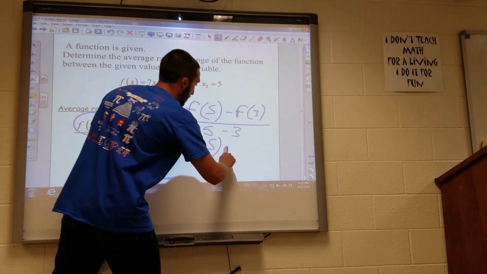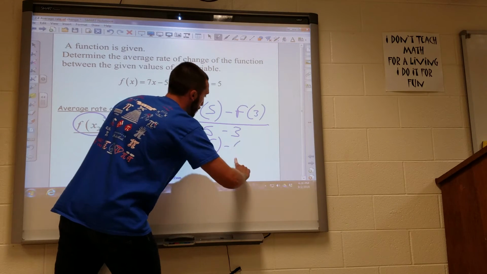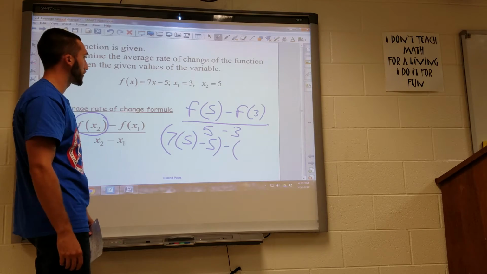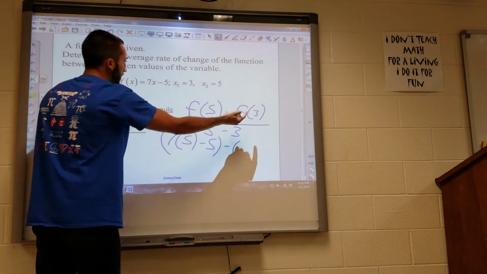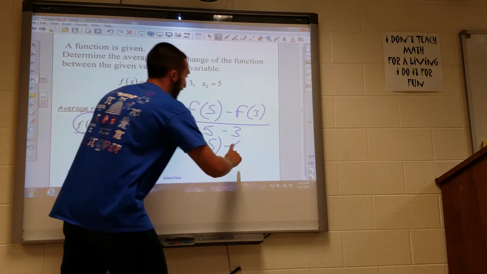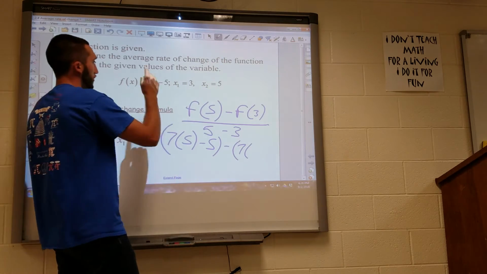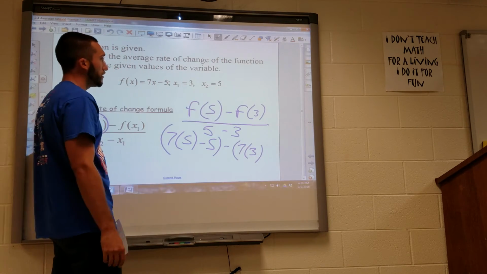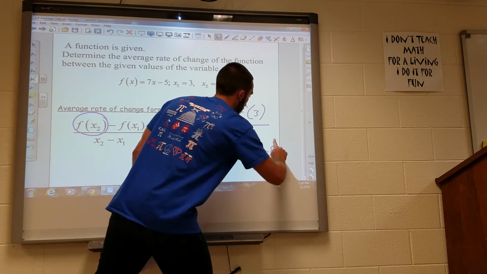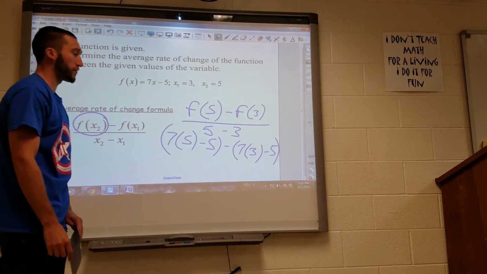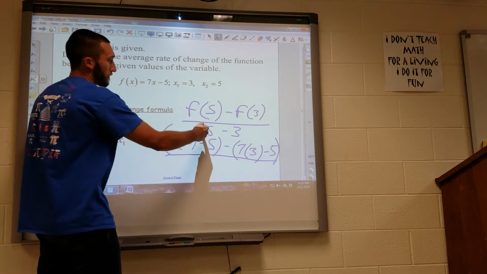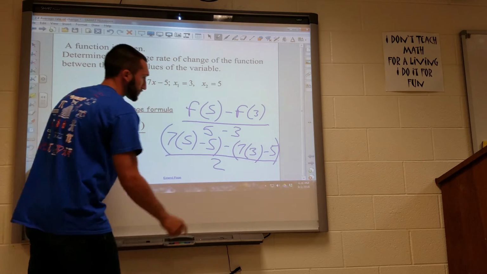I subtract that by f of 3. So just like the first one, I'm going to put f of 3 all in parentheses. So when I plug a 3 in wherever I see an x, I get 7 times 3. Right? Wherever I see an x, I plug a 3 now, minus 5. And that is all in parentheses, all divided by 5 minus 3, which is 2.